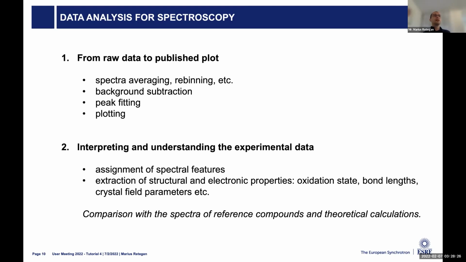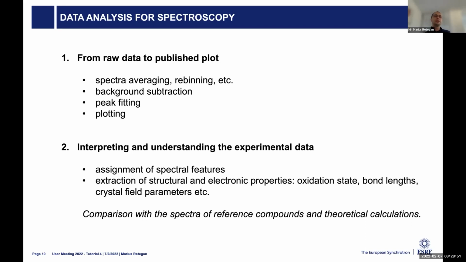When you do data analysis for spectroscopy, the data reduction part is actually not very complicated, because it involves steps like spectral averaging and rebinning. Sometimes you do background subtraction, quick fitting, and the plotting, and then you put the spectrum in the publication. What is most time consuming is interpreting these results.